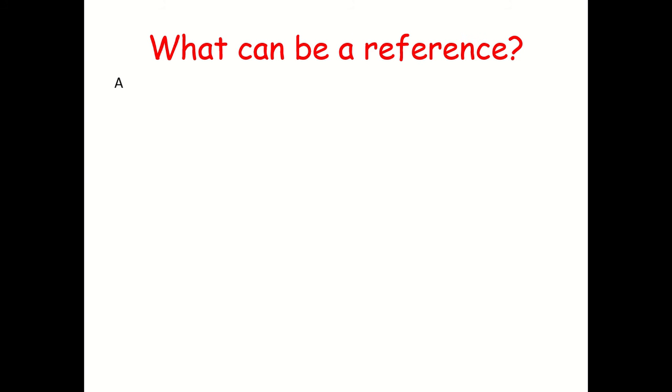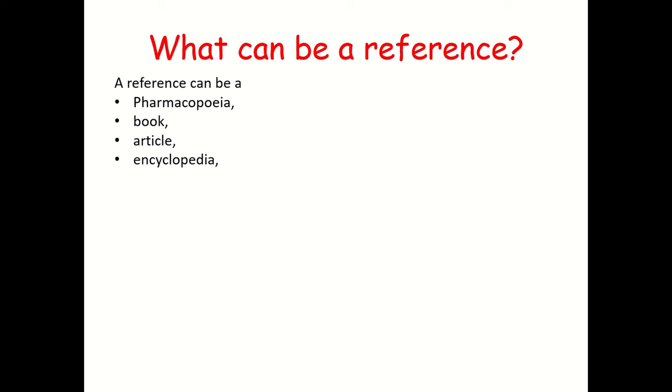you are going to write the reference. Now what can be used as reference material, what can be used for literature search? It can be a pharmacopoeia, a book, an article from a journal, an encyclopedia, or papers presented at different conferences.